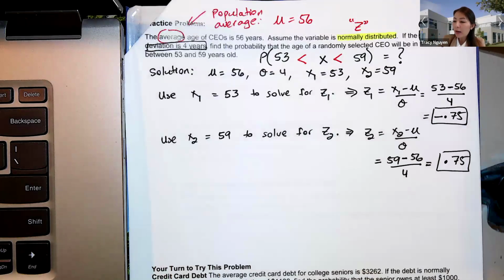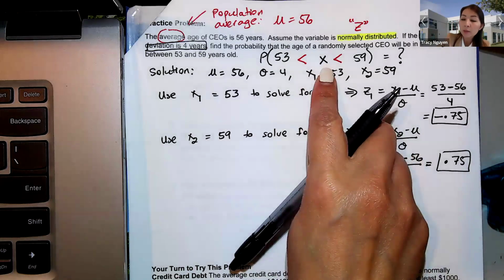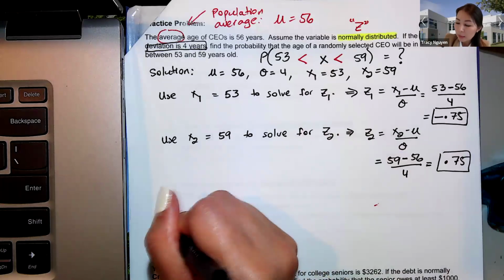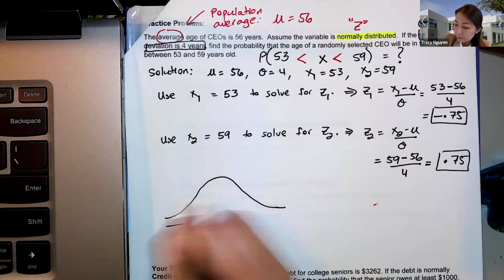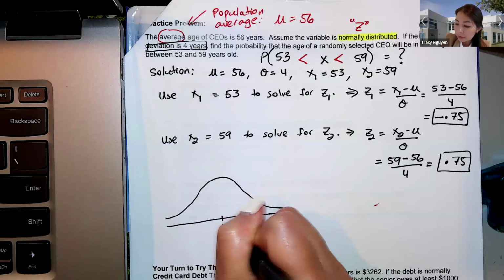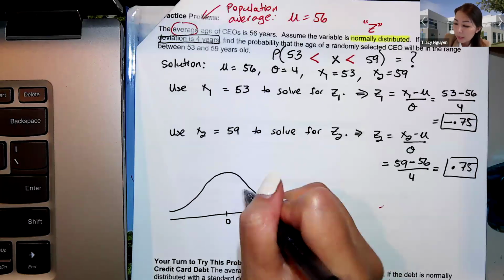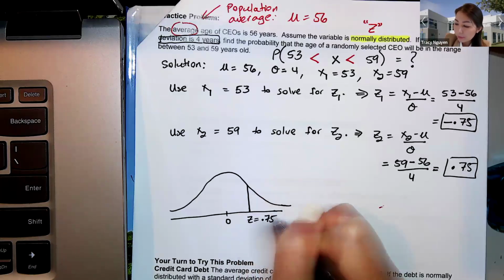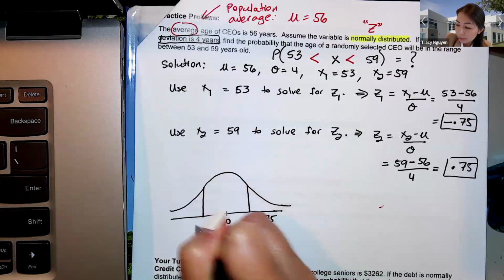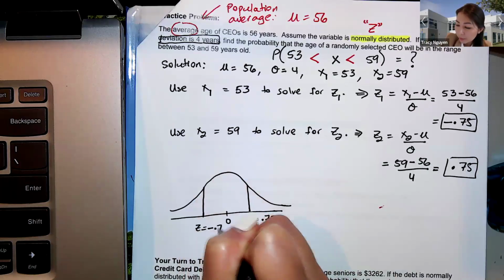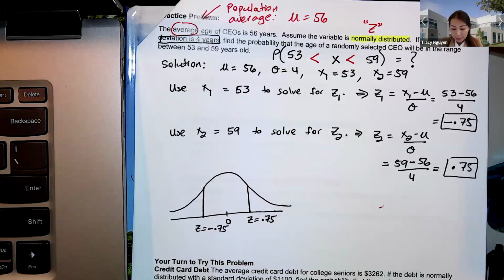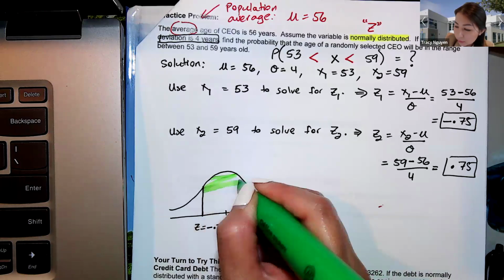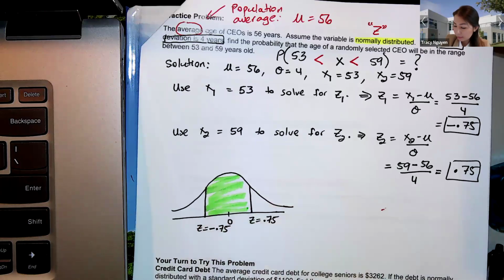Okay, so we started out with our probability in terms of x, we can write it in terms of z to find our solution. So here it is. We mark 0 right in the middle. What we have is one z value equal to positive 0.75, the other z value equal to negative 0.75. We are interested in the area between these two z values here, okay?